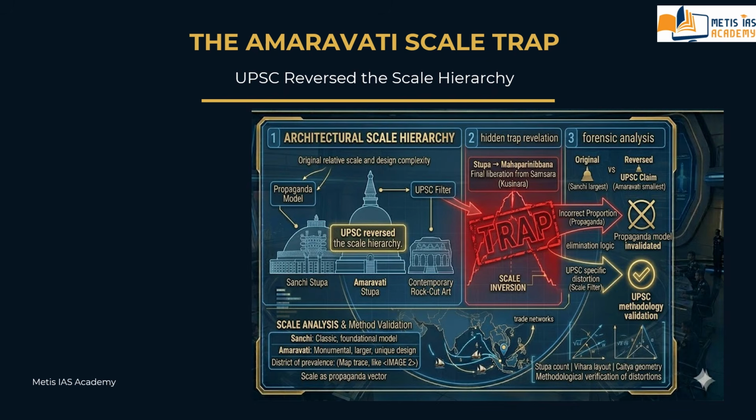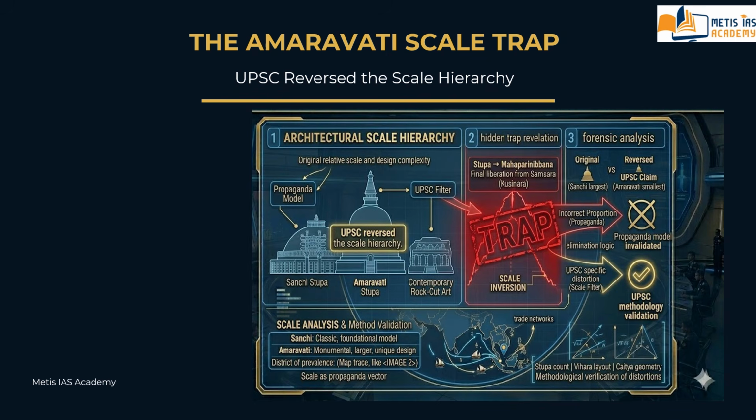At its peak under the Shatavahanas, the great Amaravati Stupa, the Mahachaitya, was actually significantly larger than Sanchi. So UPSC deliberately twisted the scale parameter to catch those who read superficial level summaries. So statement 2 is wrong. So the option is B.